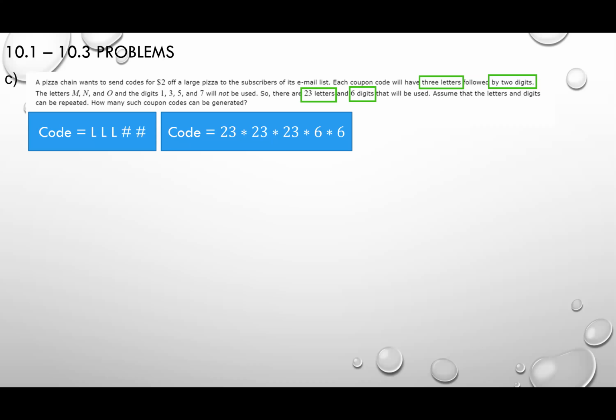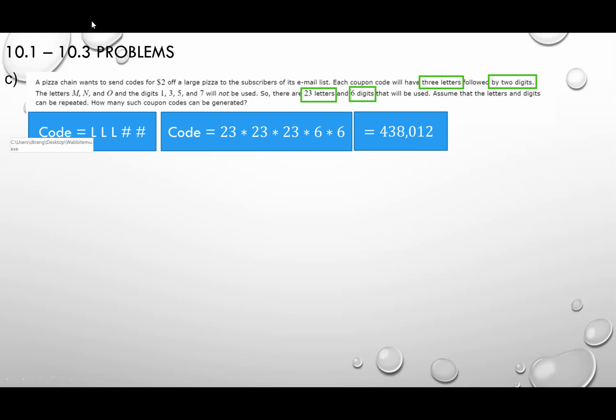If I take this and use your calculator, which can help you out, 23 times 23 times 23 times 6 times 6, you will have 438,012 different codes.